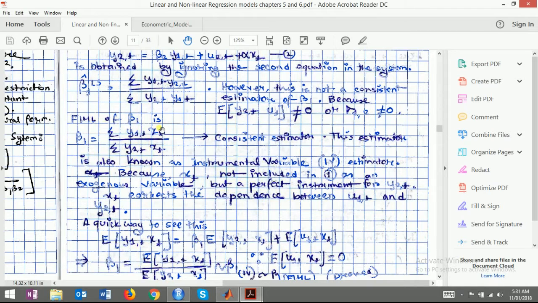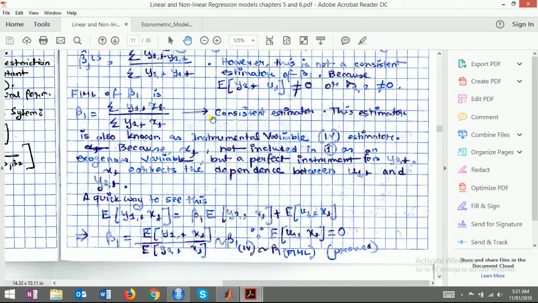A quick way to see this is when we take the expectation of y1t and xt, which equals beta 1 multiplied by the covariance of y2t and xt, plus the covariance of the residual u1t and xt. So let's solve for beta 1.